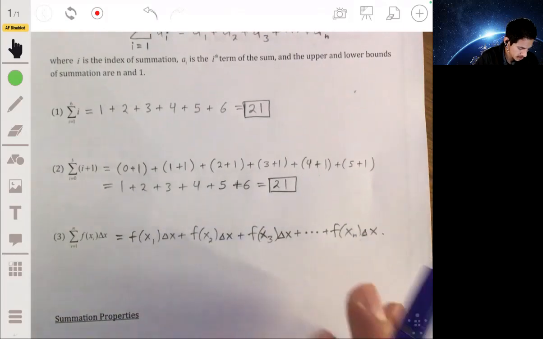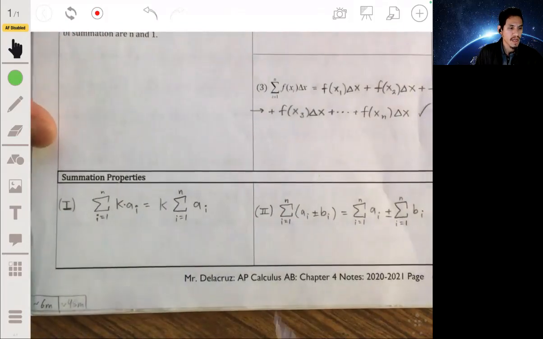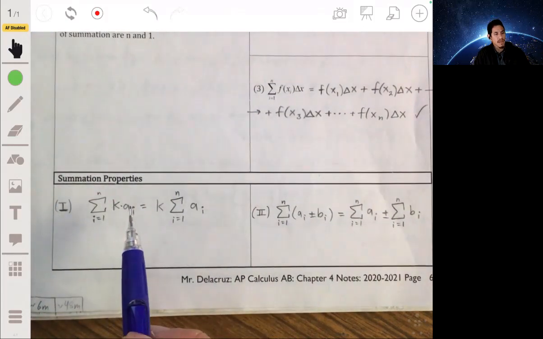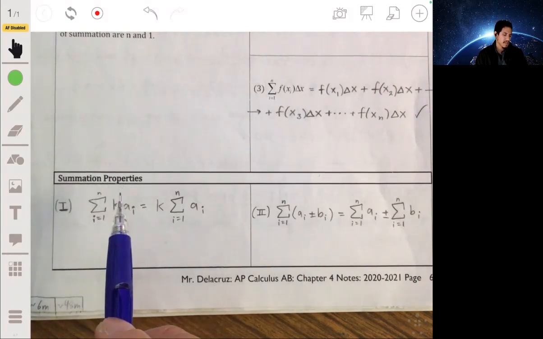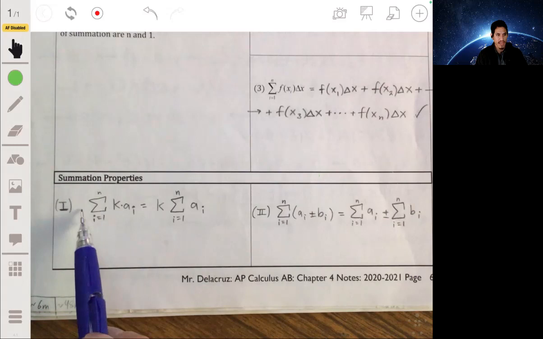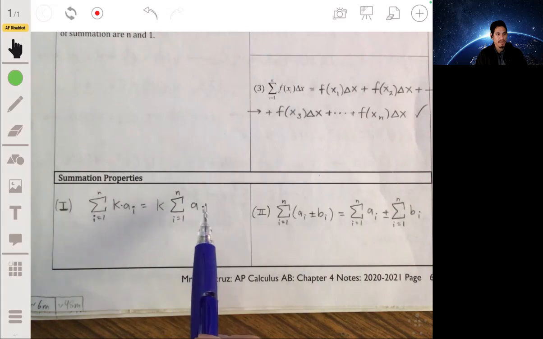Okay, so a couple of properties when we have summation notation is that we can multiply the terms in your series by a constant or scalar k. So if you have the sum of k times a sub i, you can essentially think of factoring out the k, and this will be the same as k times the sum of a sub i from 1 to n.